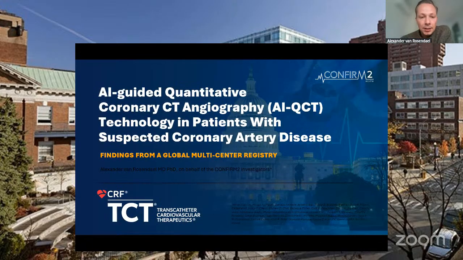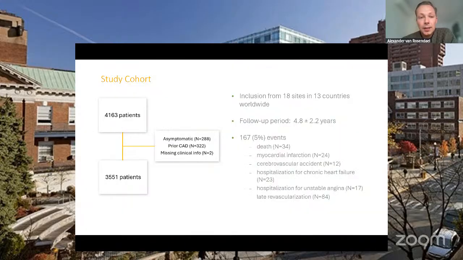So this is results from the CONFIRM-2 registry that we presented at the TCT at the end of last year. This is one of the first registries, large cohorts with automated quantitative CT. And we have, at a registry, we have now about 3,500 patients from 80 sites over 13 countries.